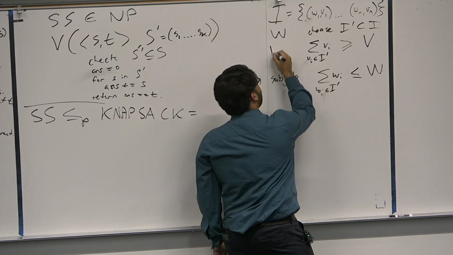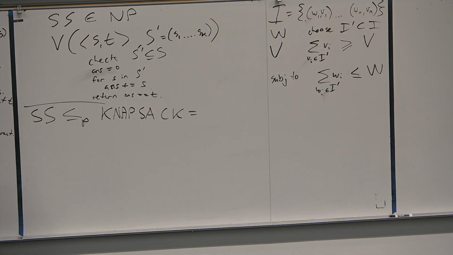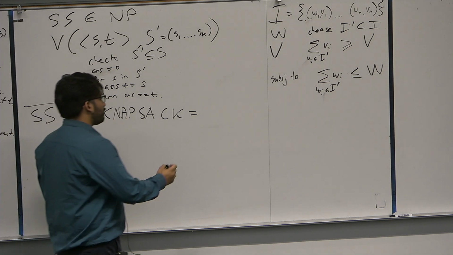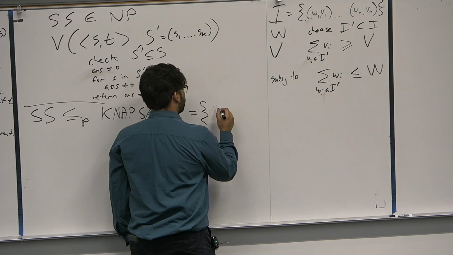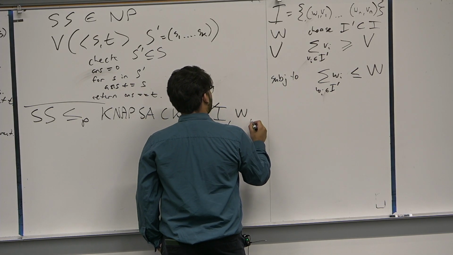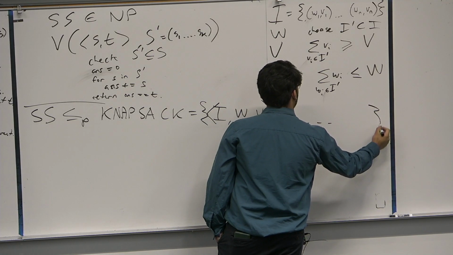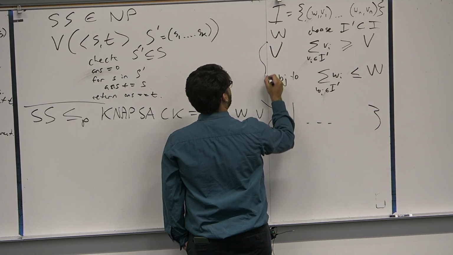Let there be another parameter v such that we ask, can we steal at least this much given this constraint? That's what we ask. So the input to knapsack will be the encoding of the set of items, this integer w and this integer v.